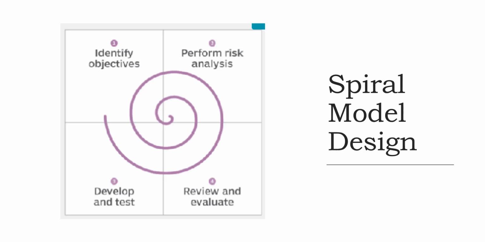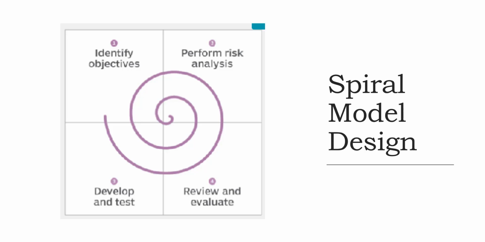Like the waterfall model, the spiral model is one of the software development lifecycle models. It is an important lifecycle model whose main function is to perform risk analysis and risk management.